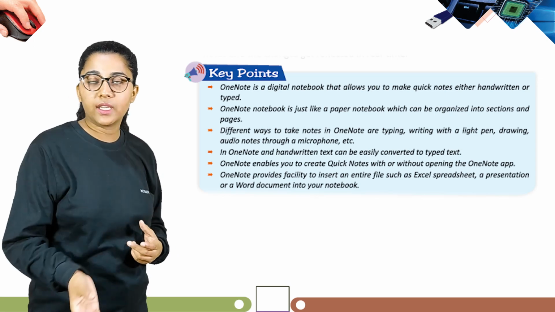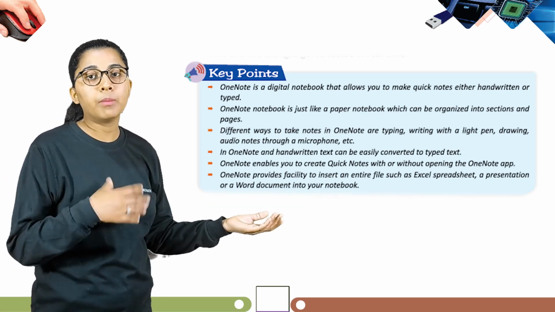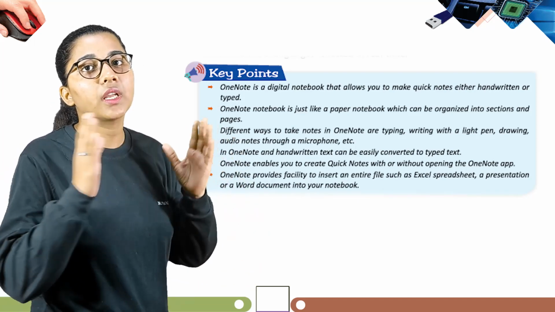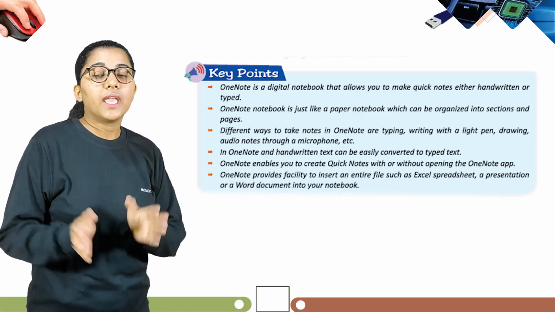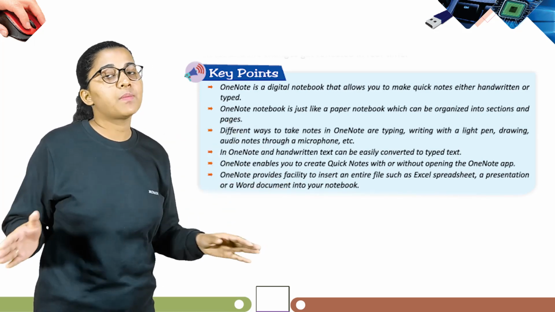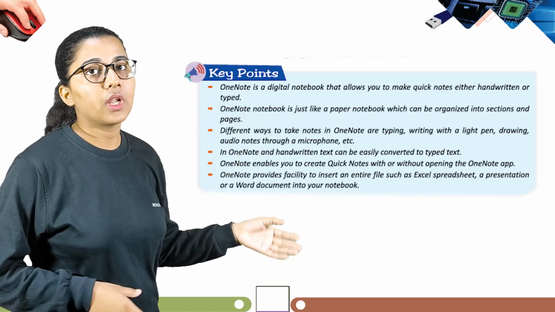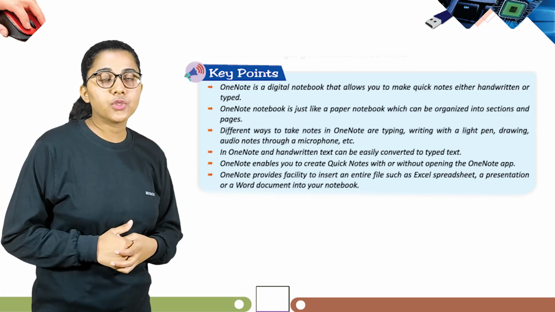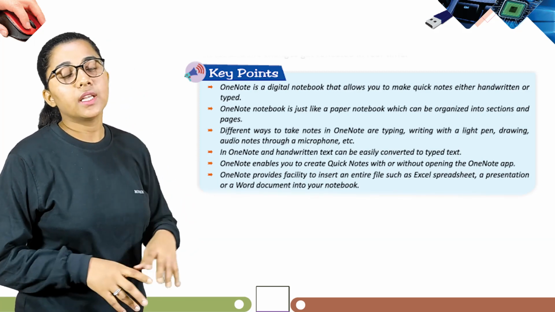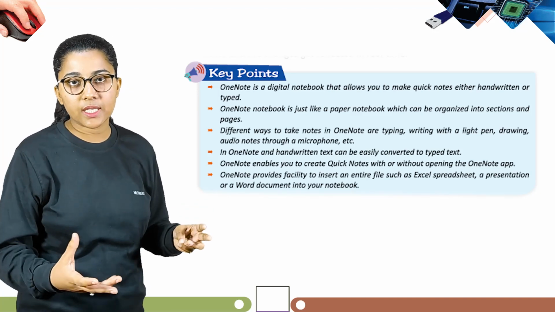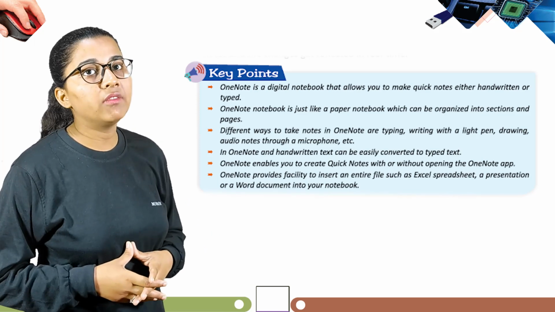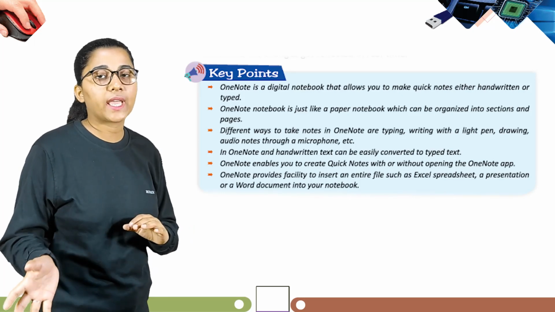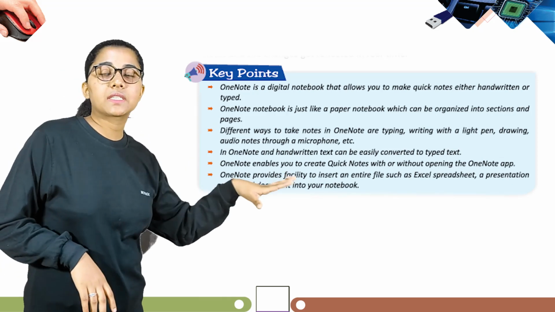A OneNote notebook is just like a paper notebook which can be organized into sections and pages. Different ways to take notes in OneNote are typing, writing with the light pen, drawing, audio notes through a microphone, and so on. In OneNote, handwritten text can be easily converted to typed text.